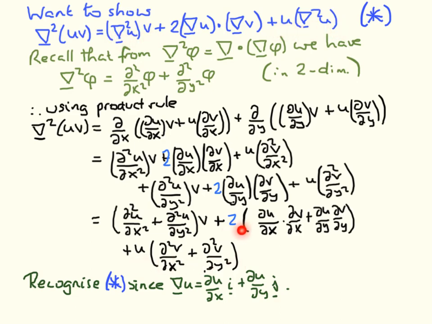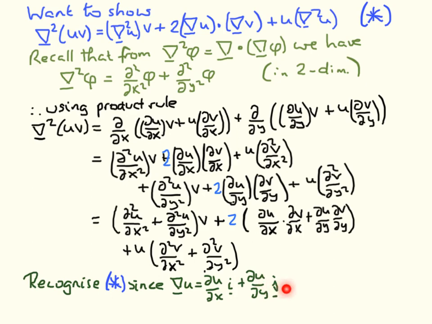We have a factor of 2 here, and now we look at this. So this is du dx times dv dx plus du dy times dv dy. Now the gradient of u is du dx i plus du dy j, and we would have exactly the same for the gradient of v, with v's here and here.